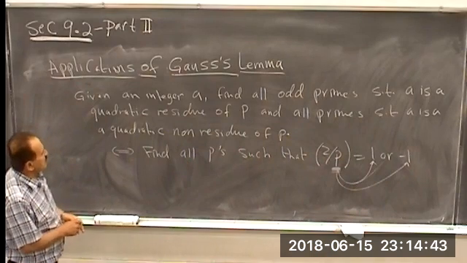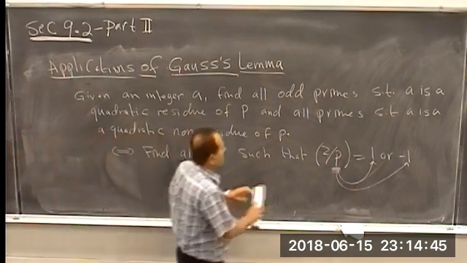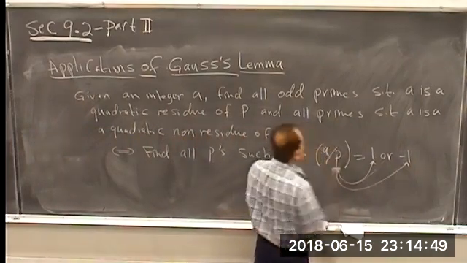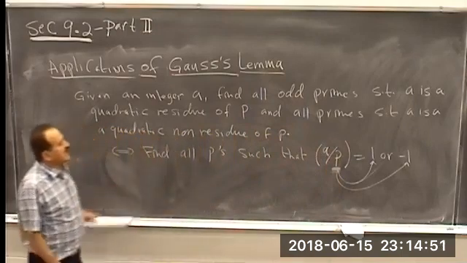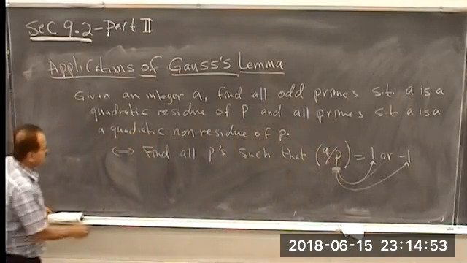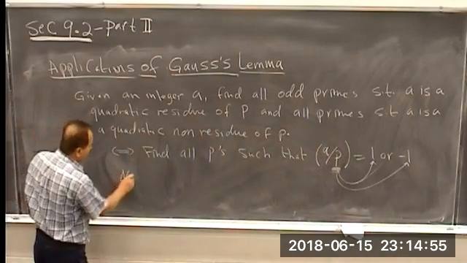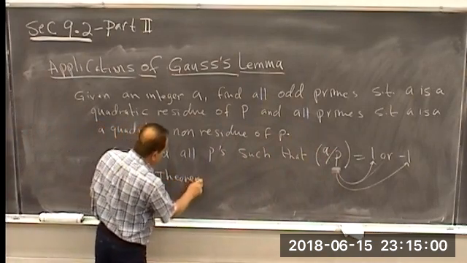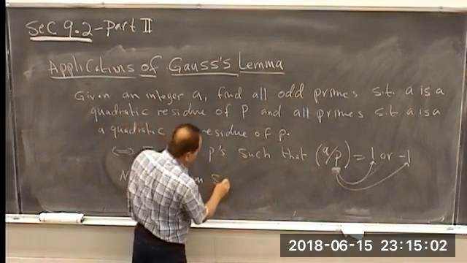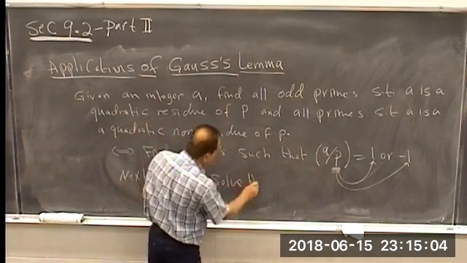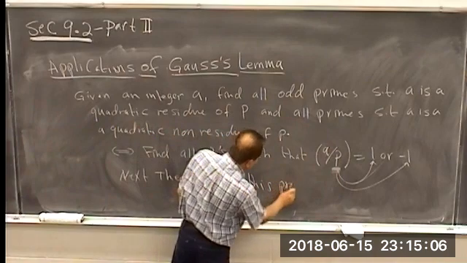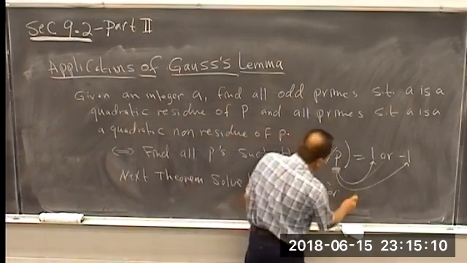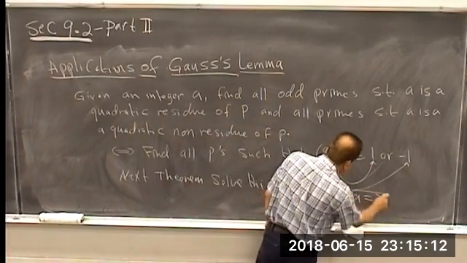This is the first application we're going to have for Gauss's lemma. Sorry, not for A in general, we're going to do it for 2. Now, we're going to give a solution for this. The next theorem solves this problem for A equal to 2.